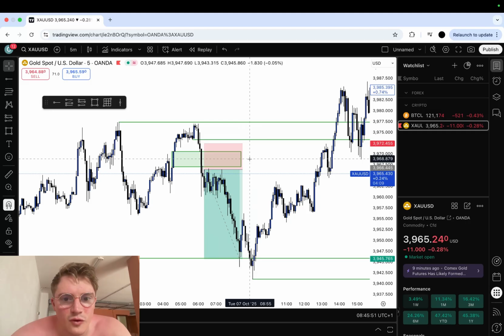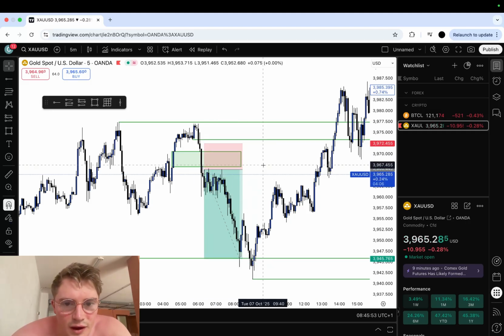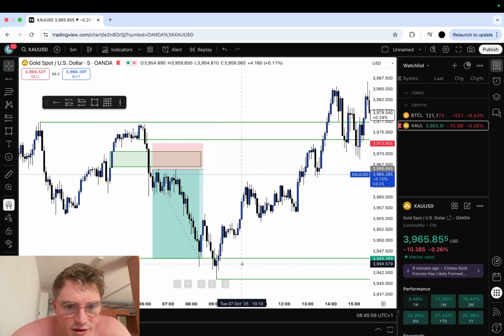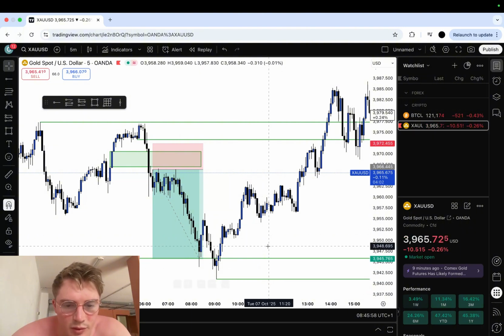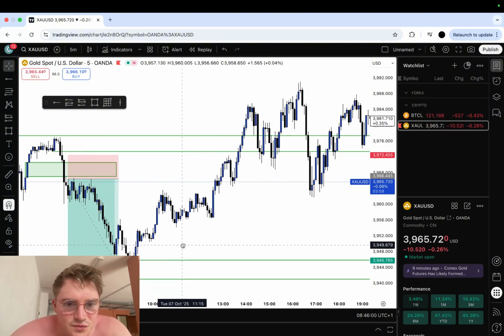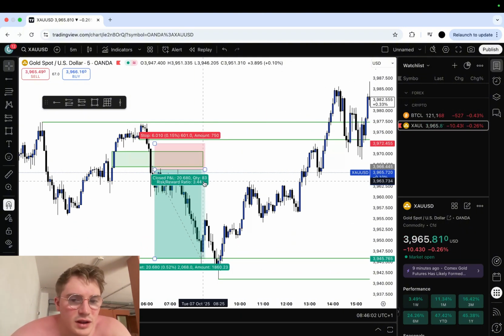Not the best, 3.44 risk to reward, and that's with that not really being a good setup, because as I said, it didn't show us all the confluences we wanted to see. But that's a general idea of what I would do.